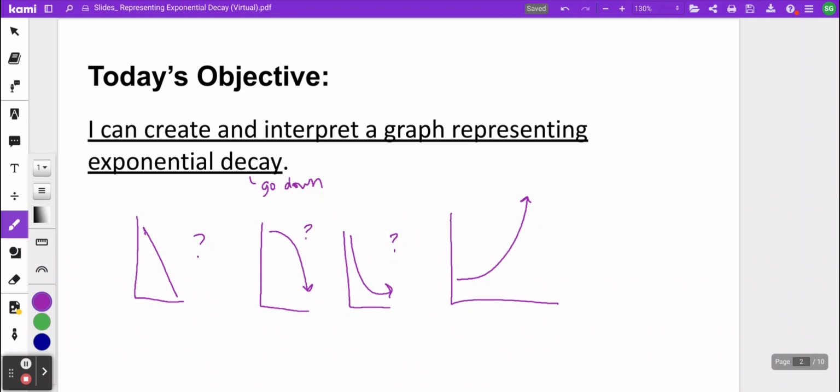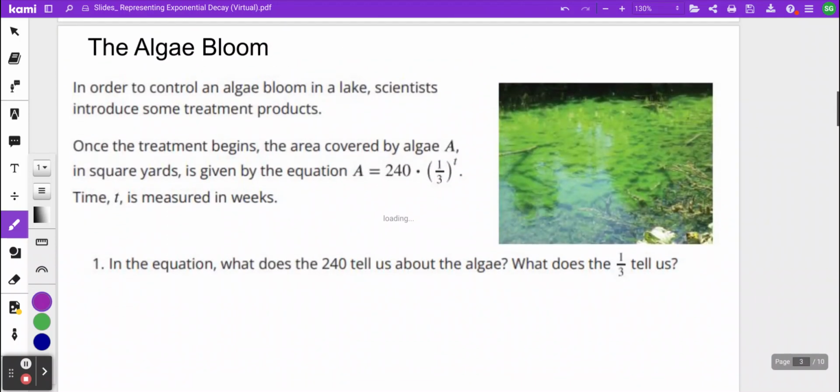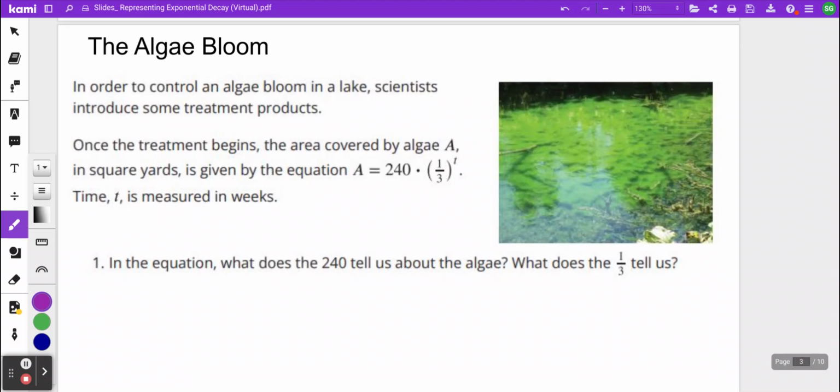We are going to start figuring out what exponential decay graphs look like using this story right here. One of the goals for this unit is to give you lots of different examples of situations where you could use an exponential function. And so this story here is about algae, which is that green stuff that grows in water.